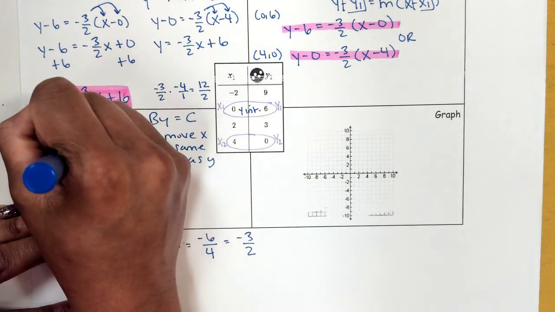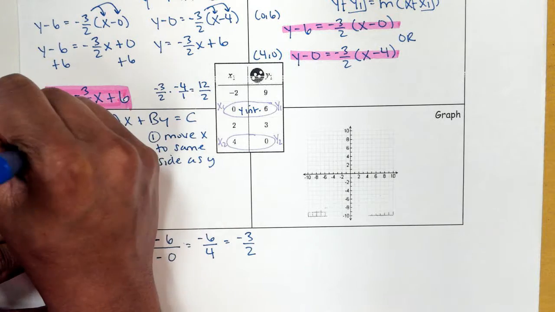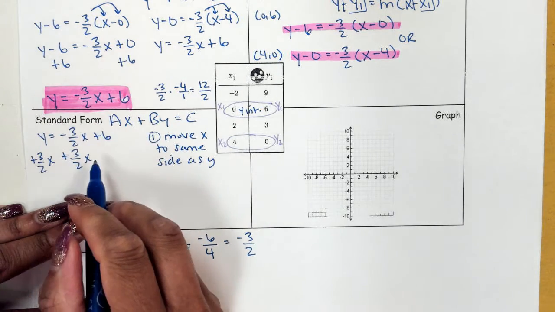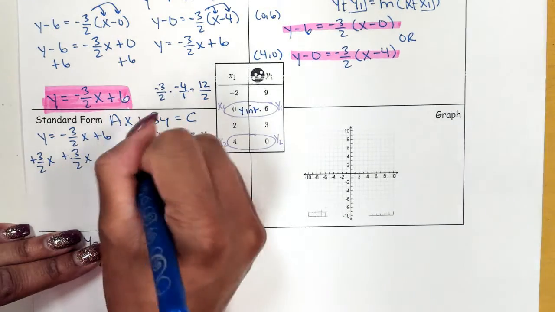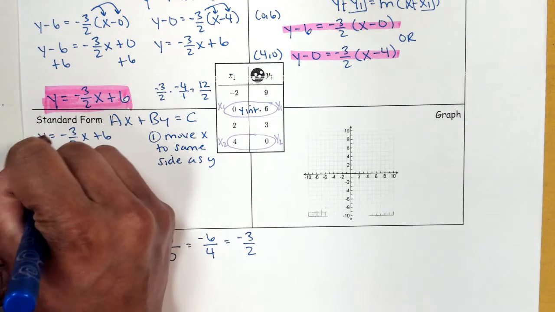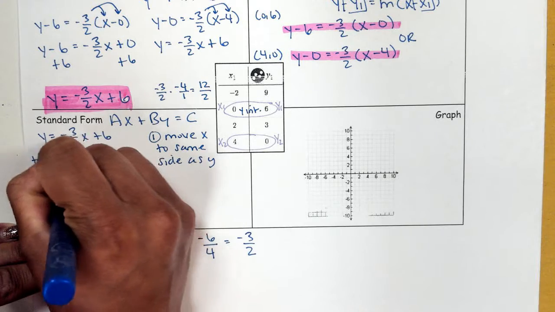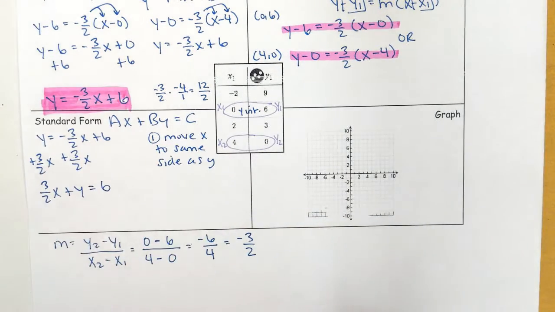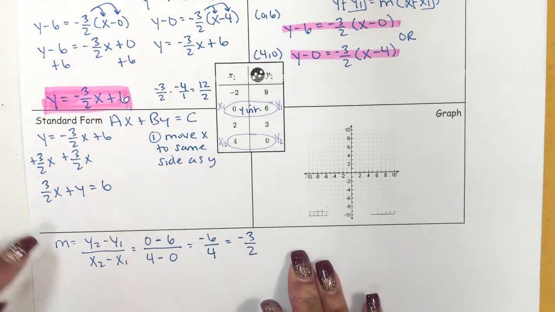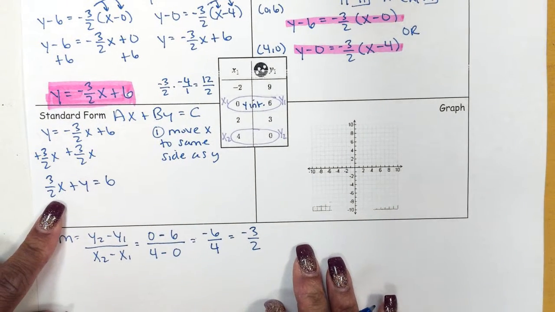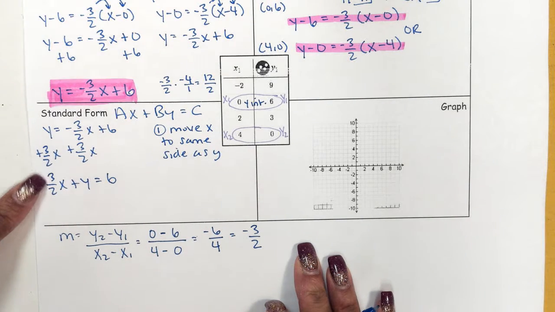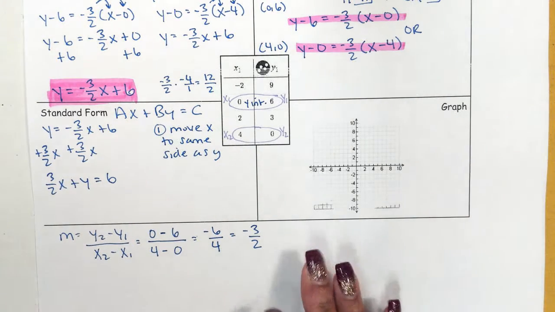So I'm going to add 3 over 2x to both sides. Not just 3 over 2, 3 over 2x. So we have the x value first, so 3 over 2x plus y is equal to 6. But we're not done here. We definitely don't have a negative, so that's taken care of. But a can't be a fraction.